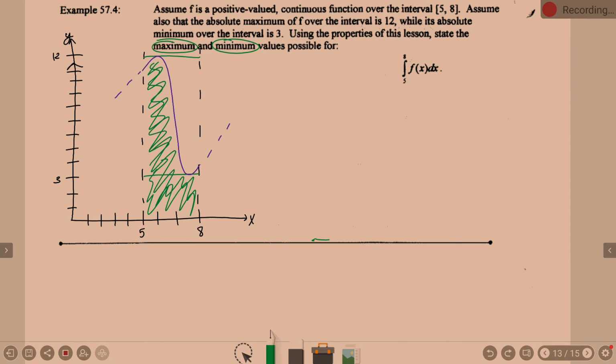Okay. If we look based on our minimum value first, okay? How do I do that? Sure.